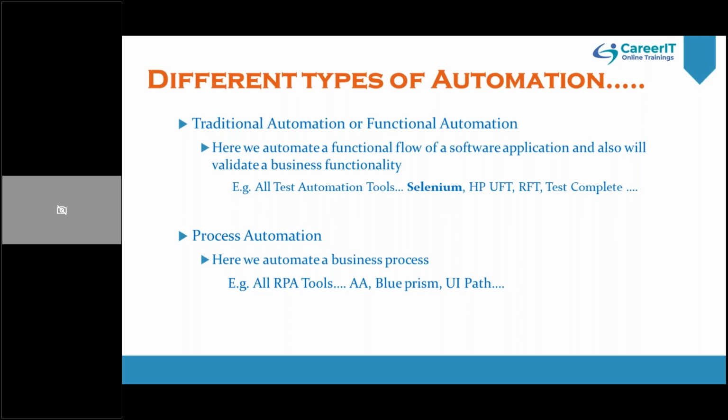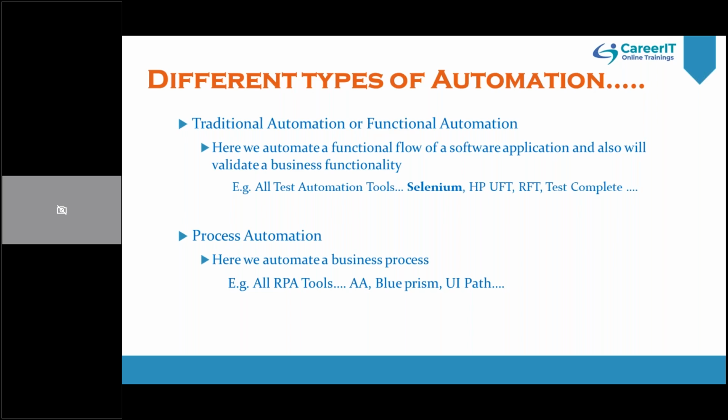There we use tools available in the market called RPA tools, which we also call robotic process automation tools. Some examples are Automation Anywhere, Blue Prism, UiPath, Workfusion. There are a lot of tools available. Using these tools we automate a business process.